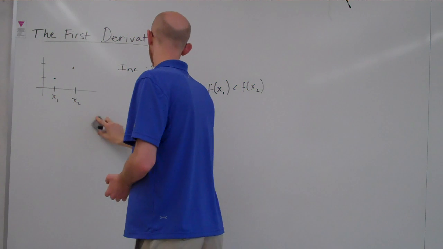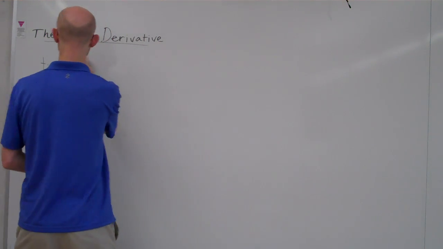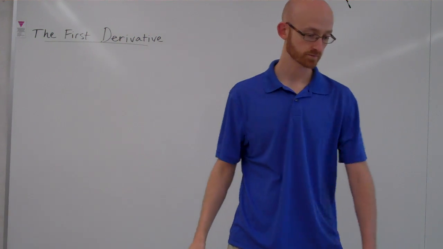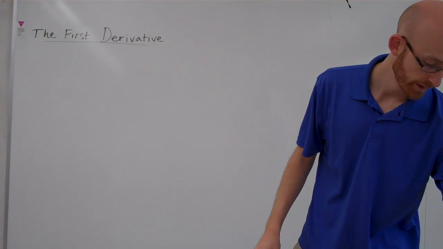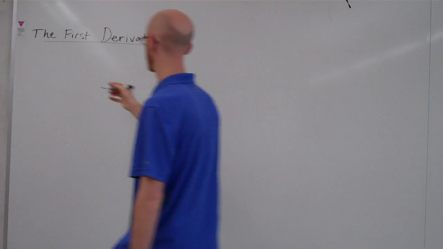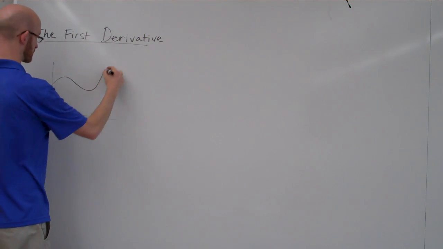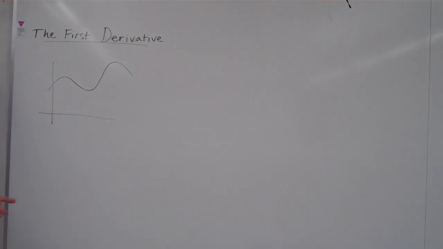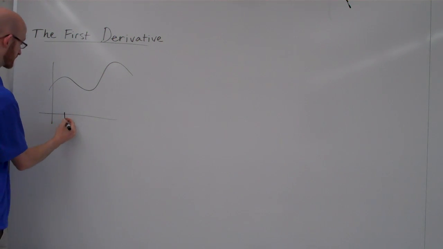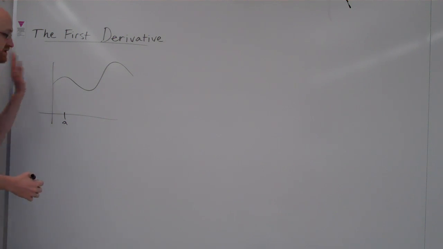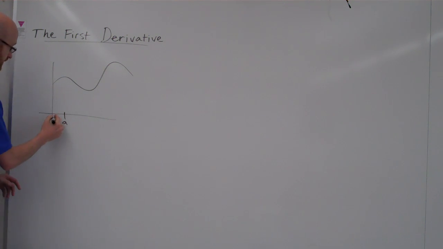So let's get into what the derivative has to say about that. The first thing is just envision a function, something like that, and you can tell clearly that it's increasing from 0 to a, right?